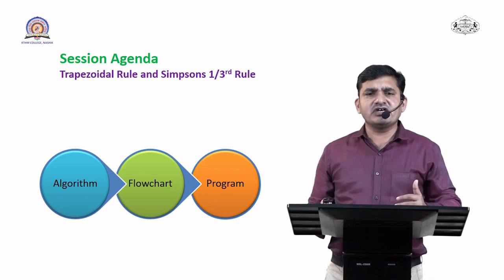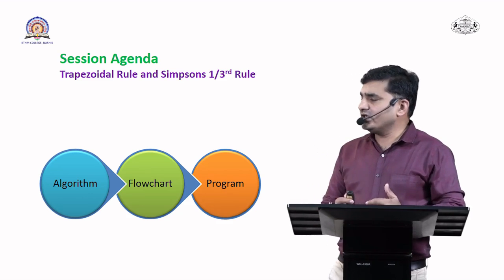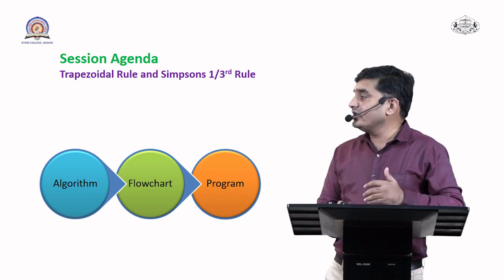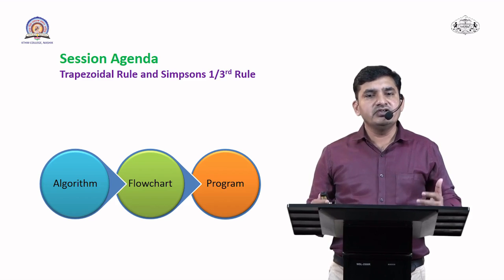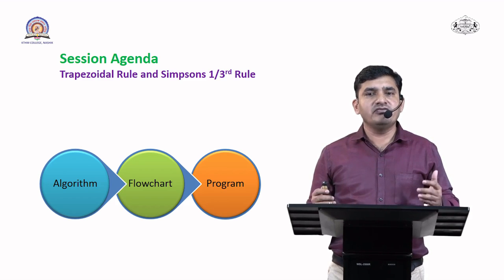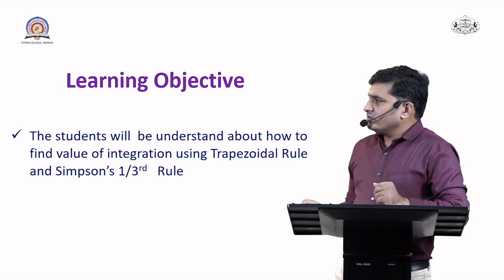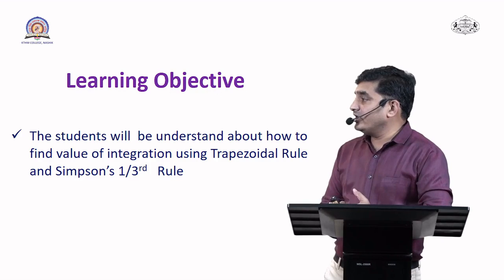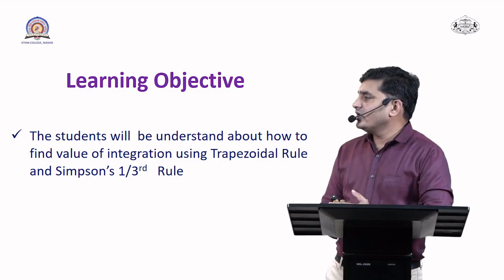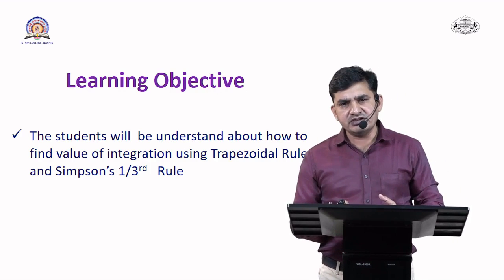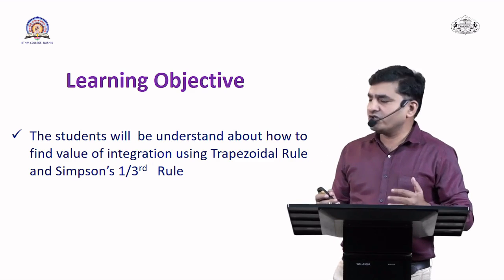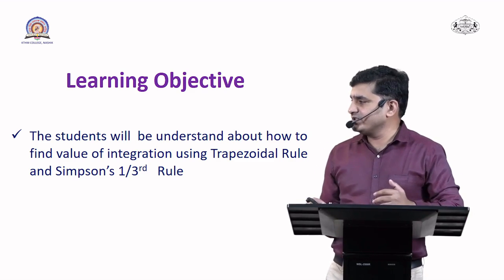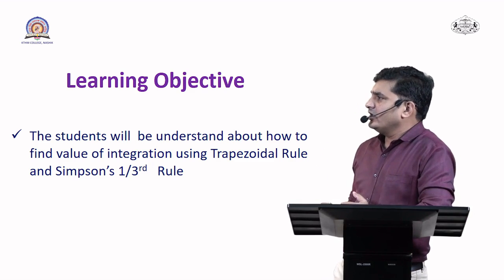So in this lecture we have to see the algorithm, flowchart and program to find the integration of a given function. After attending this lecture, students will understand how to find the integration by using the trapezoidal rule and Simpson one-third rule.